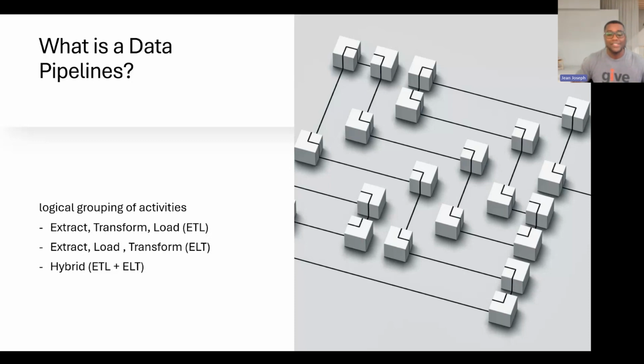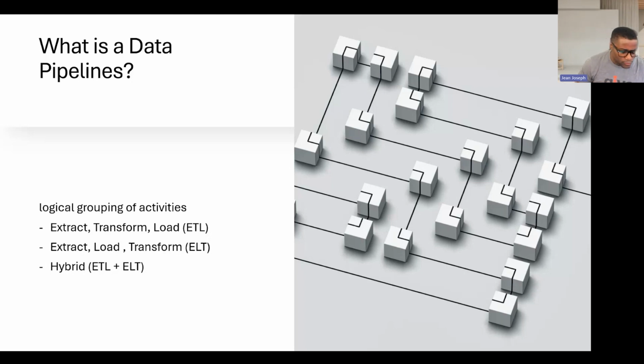But if the target system is well equipped, if we think now we're dealing with distributed systems, then ELT might be more suitable, and ELT stands for extract, load, transform, right? It's a more modern approach that leverages the computational power of modern data warehousing to perform transformation after the data has been loaded.